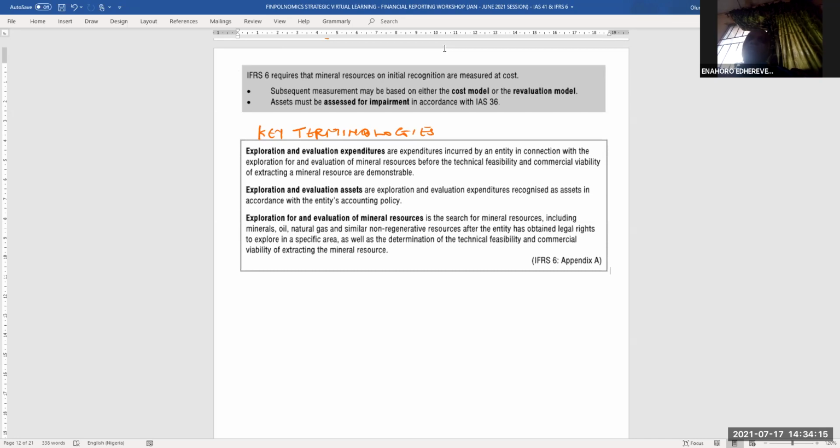Exploration and evaluation assets are exploration and evaluation expenditures recognized as assets in accordance with the entity's accounting policy.